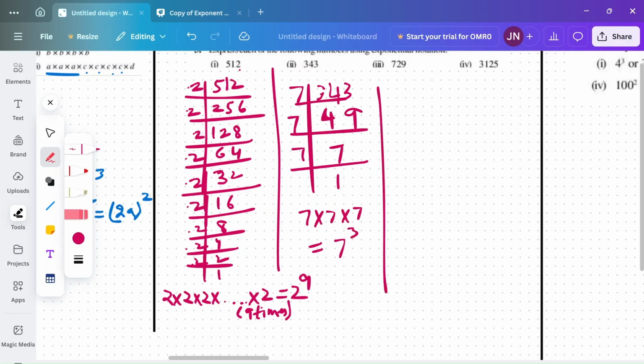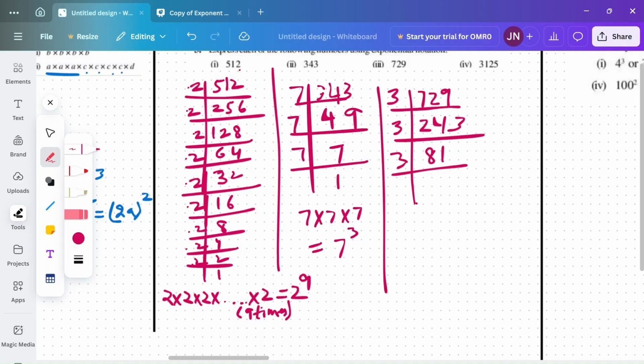Now let's try 729. Now there is a divisibility rule of 3, that if you add all the digits, it should be divisible by 3. So if you add all the digits, you'll get 18, which is divisible by 3. So we will use 3 over here. So 3 twos are 6. Again, it is divisible by 3.